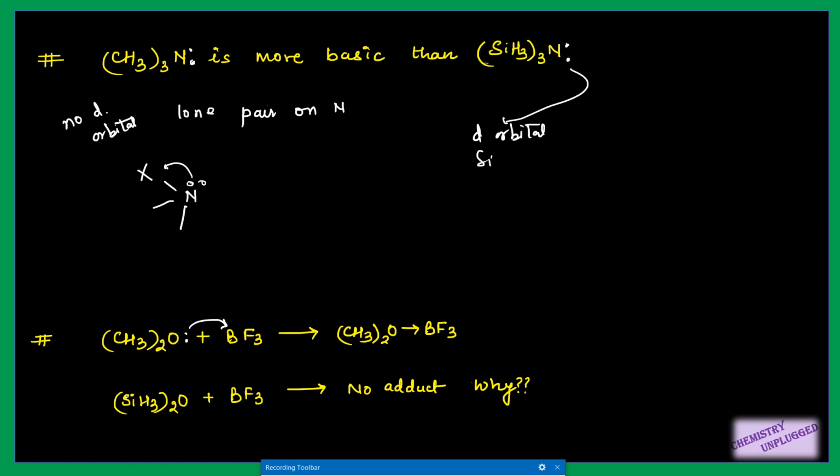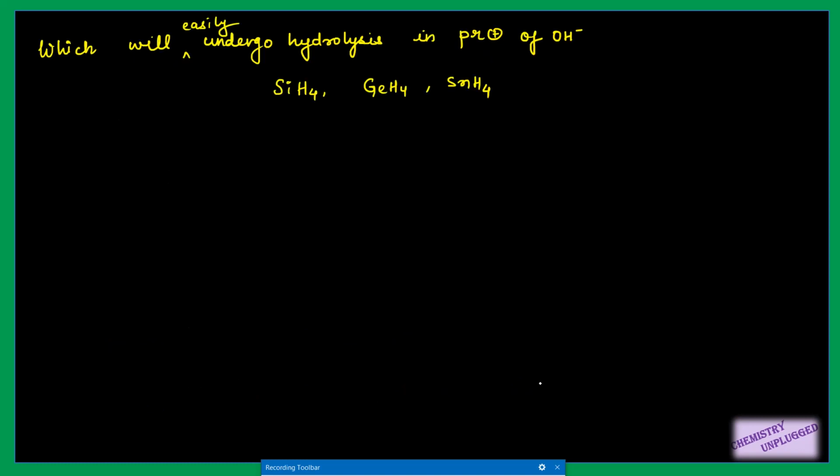But in case of silicon, this silicon will have d orbitals, so it will take electrons of oxygen through back bonding, p pi d pi back bonding, right, and they are not available to give to BF3. That is why it will not form any adduct.